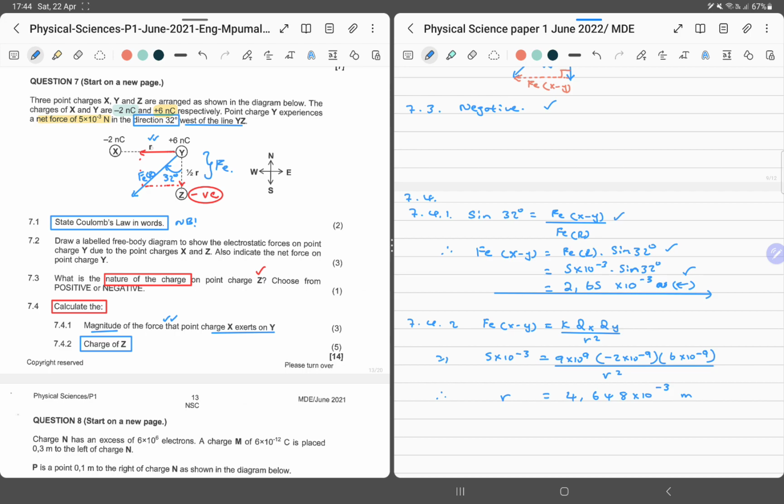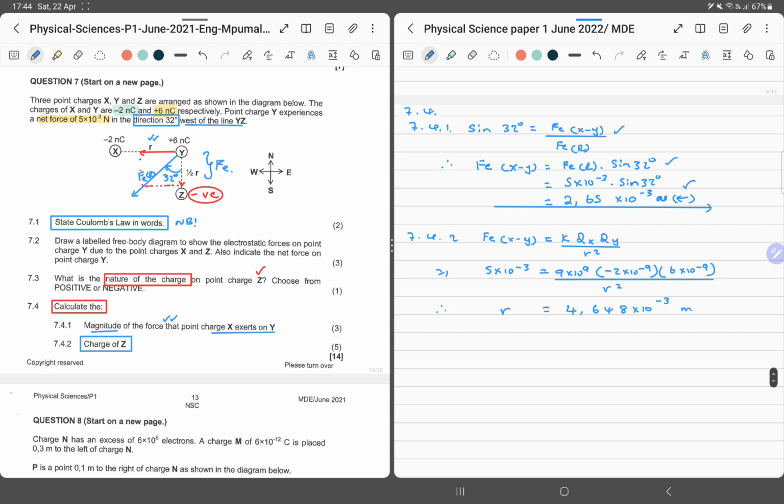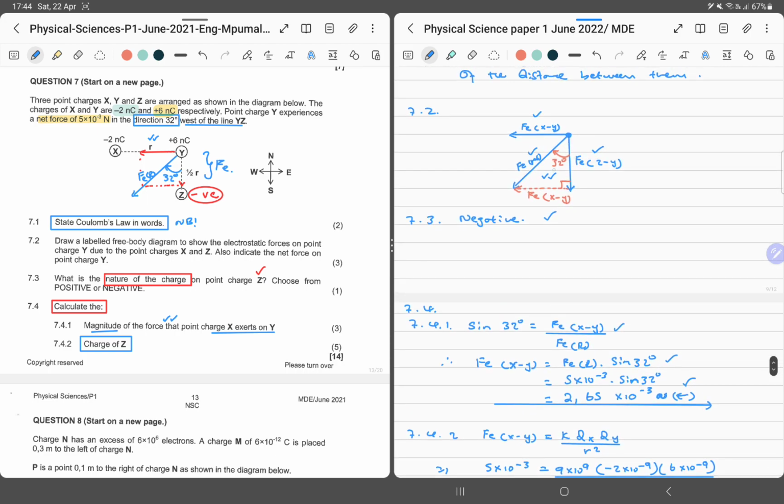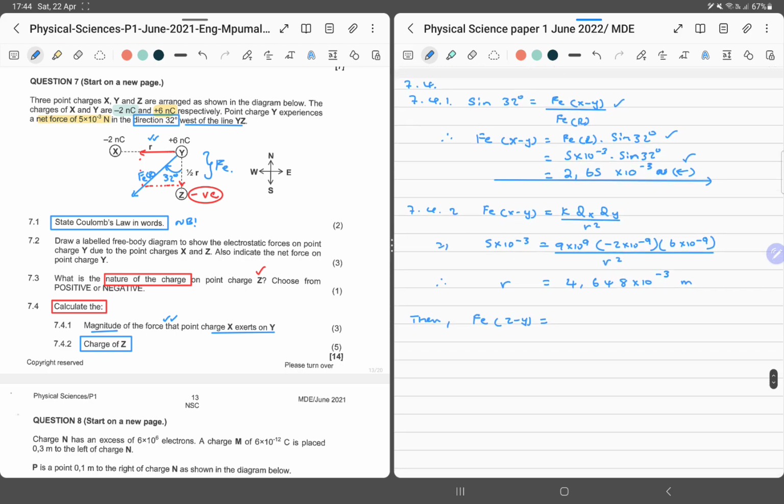So we've got that distance, and now we want that electrostatic force between Y and Z. So we know that Fe of Z on Y is equal to, but remember, we're using this triangle here. Remember that force is on the adjacent side in that triangle, so we can use cos. It is going to be basically Fe resultant times cos of 32 degrees.